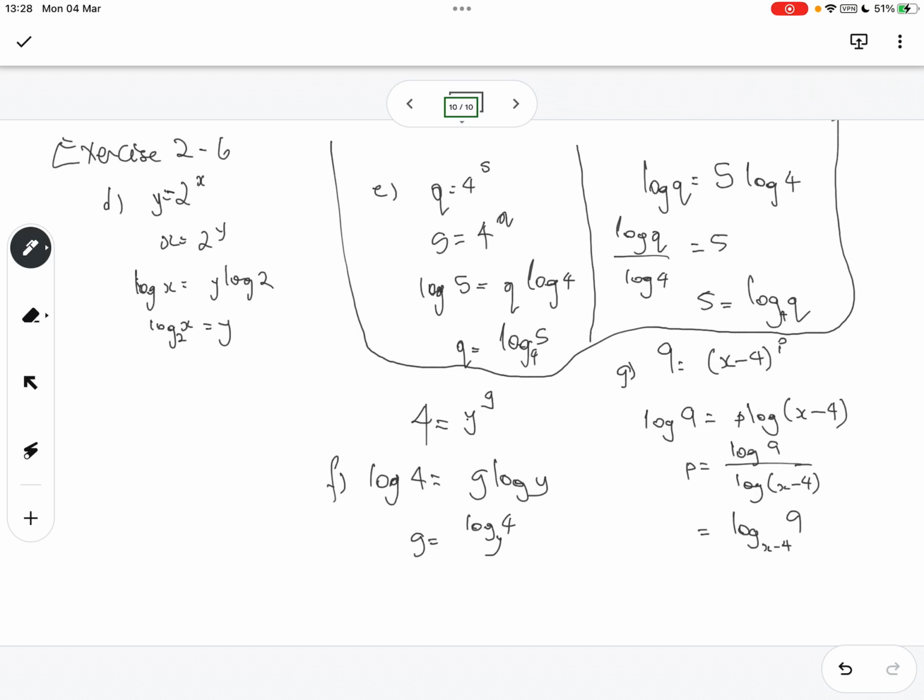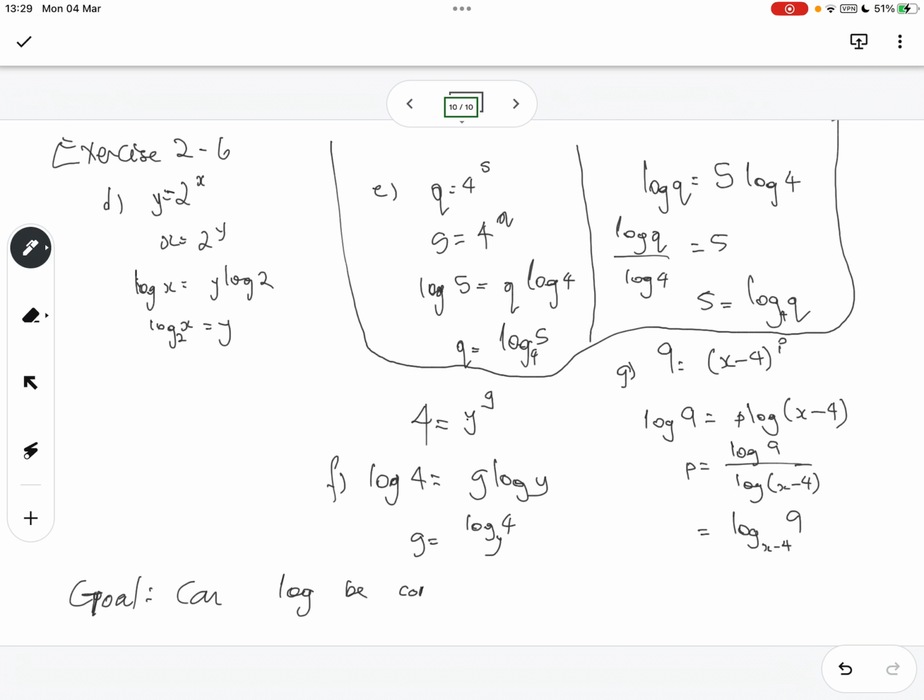So this type of exercise is simply testing whether or not you can apply a log on something that has the form y equals a base to the power x.